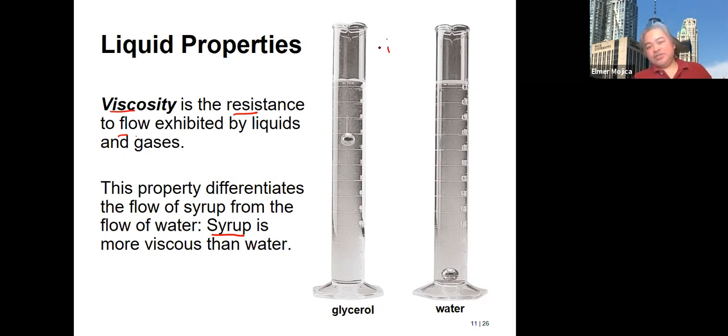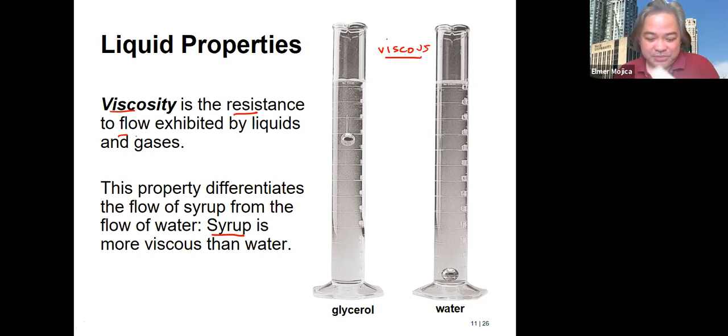So one that flows slowly, we could say it's a viscous material. Okay? An example of the viscous materials is the syrup that we have.